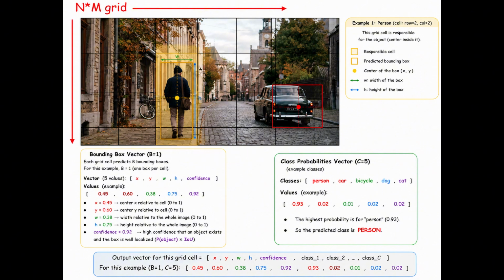Finally, the remaining values represent the class probabilities. Here, the highest probability corresponds to the person class, so the network classifies this object as a person. Every grid cell in the image produces a similar output vector, and together these vectors form the final output of the YOLO network.